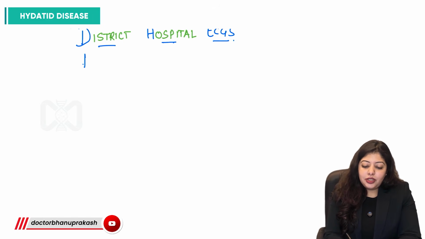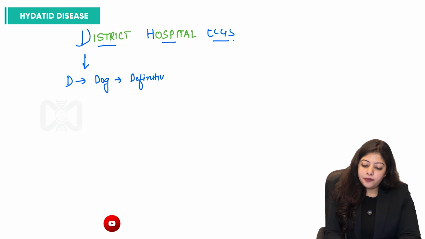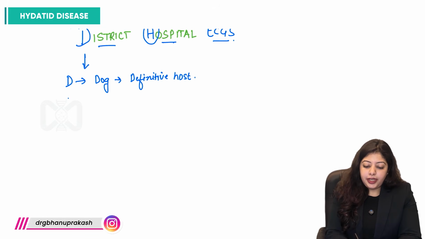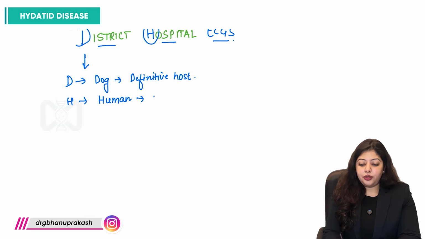So D stands for dog, which is the definitive host, right? Then we take H as humans, which are the accidental host.